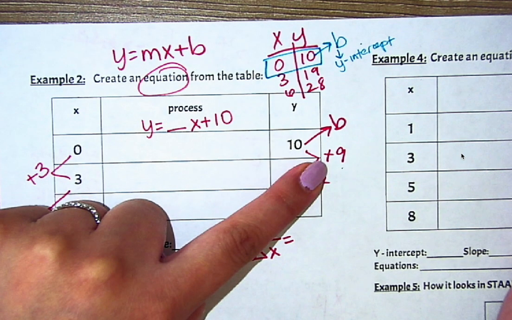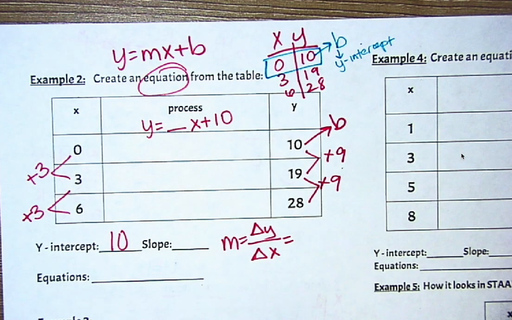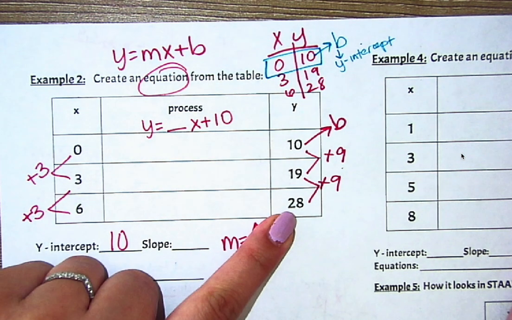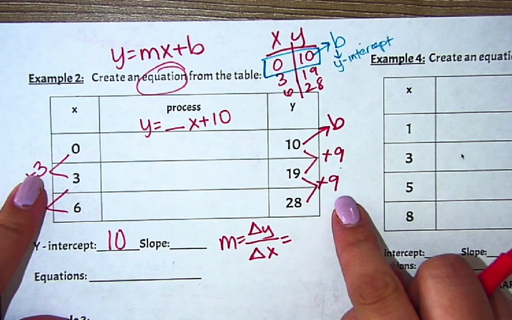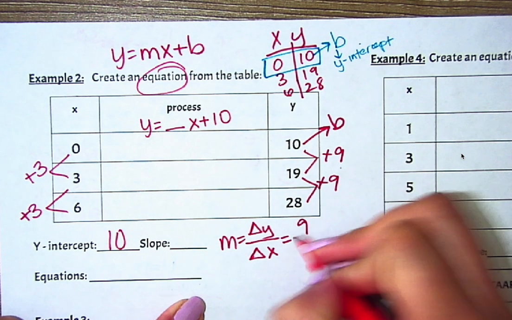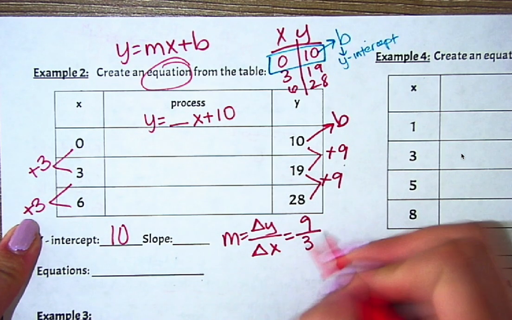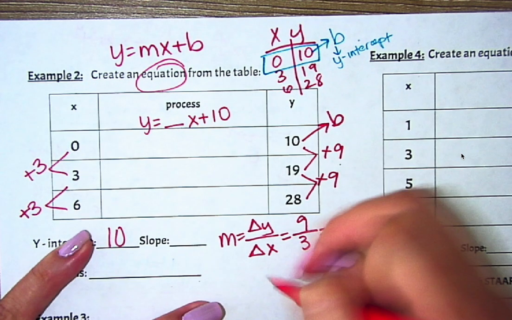Can I already kind of guess that it might be 9? So we add that, 19 plus 9. Yep, it gives me 28. So we found our change, right? Our change in y was 9, 9 over, and then our change in x was 3. Divide those two to get your m.